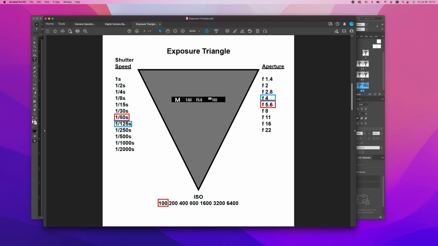So the exact same amount of light is striking your sensor with 1/60th of a second at f5.6 with ISO 100. The same amount of light is striking your sensor at 1/125th of a second at f4. Okay, and it can continue on like this.